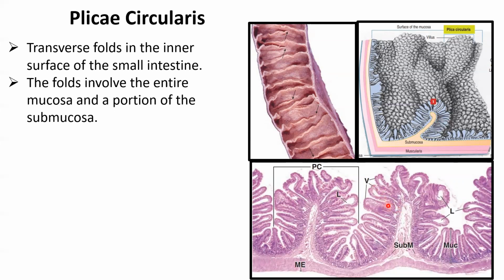But you have to imagine this, because you are describing a three-dimensional structure by two-dimensional images. So you have to keep in mind that this is actually a three-dimensional structure. Submucosa sucked in, making this plica. So grossly they look like this, and this is the illustration, and this is histologically how they look.